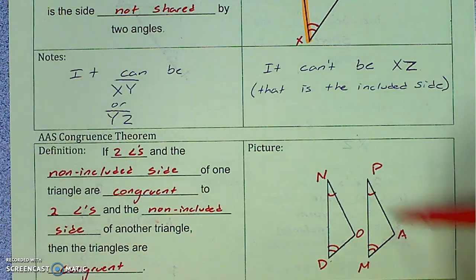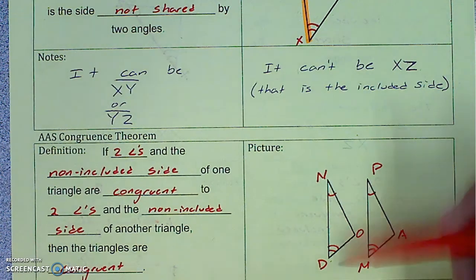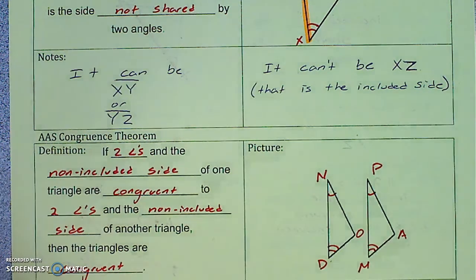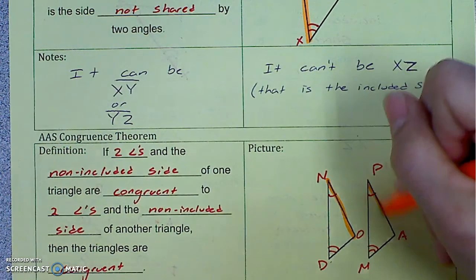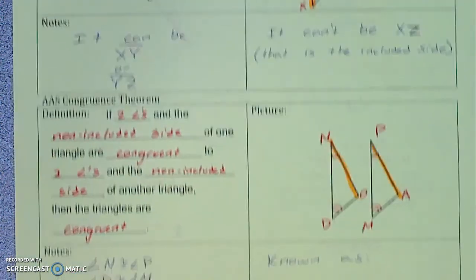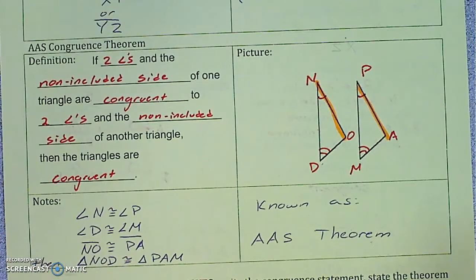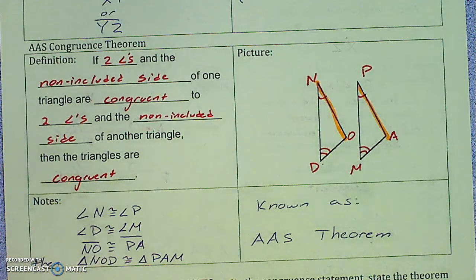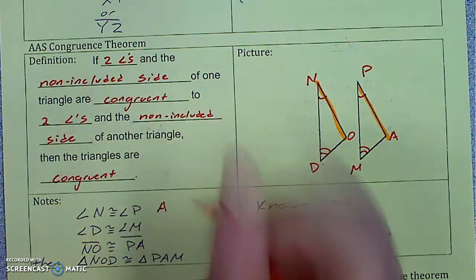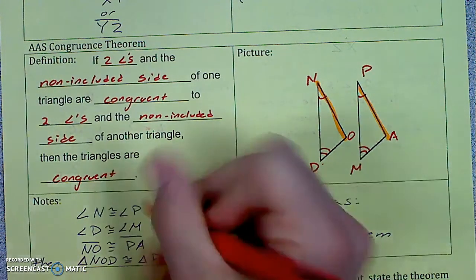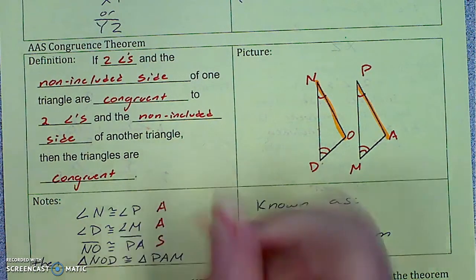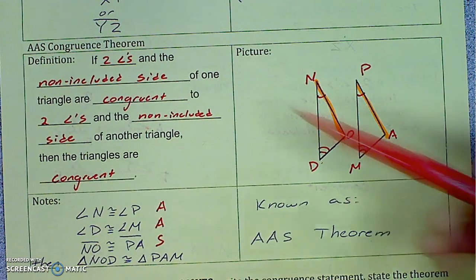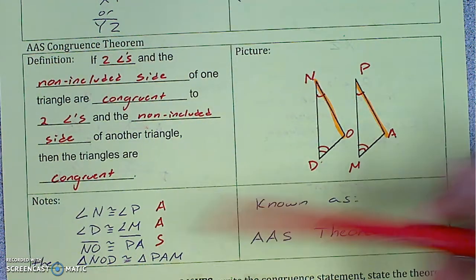Each of these sides does not touch both of these congruent angles. So for this problem, I'm going to use NO, and I'll say that's congruent to PA. So that's my angle, angle D and angle M is another angle, and NO is congruent to PA, that's my side. And they are congruent, it is known as angle angle side.